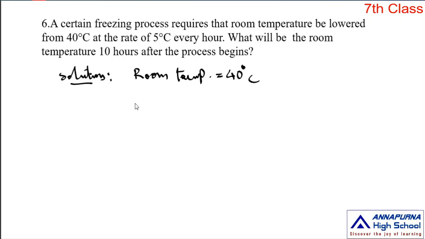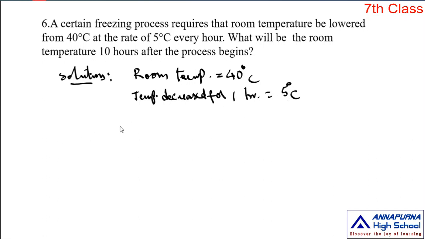That means the temperature decreased for 1 hour is how much? 5 degrees centigrade. So what will be the room temperature 10 hours after the process began? Here the starting initial temperature is 40 degrees, and the temperature decreased for 1 hour is 5 degrees.